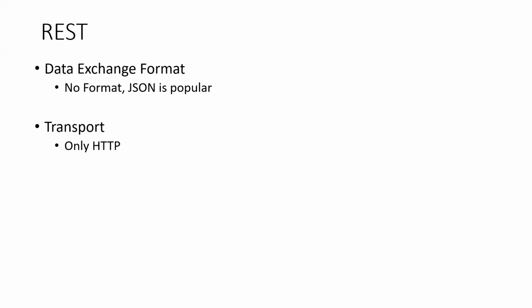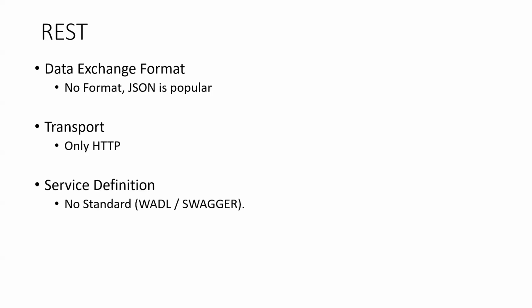And from the transportation perspective, SOAP supports HTTP and also MQ, message queue broker messages. In RESTful web services, it only supports HTTP alone. Okay. You have to understand this limitation.